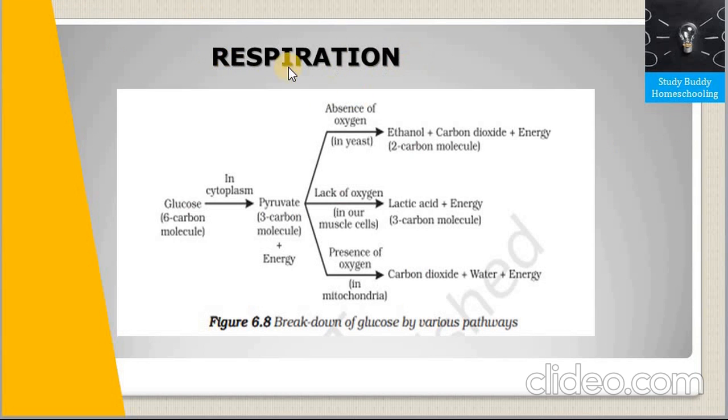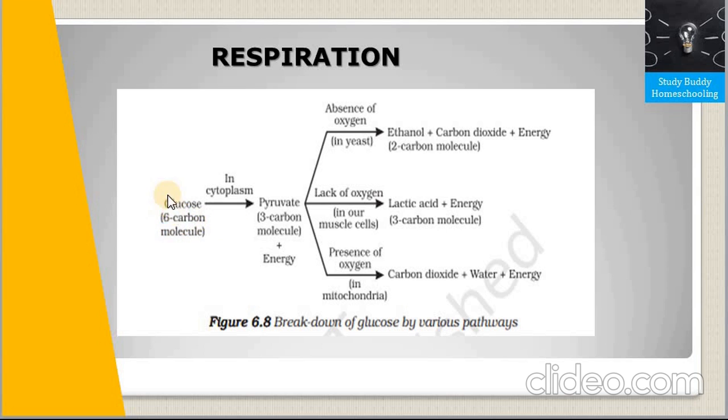Let's see how respiration happens in cells. We all know that the base material for respiration is glucose. It is this glucose which is broken down to release energy. So, the first step begins in the cytoplasm of the cells. In the cytoplasm, there are few enzymes present which convert this glucose, which is a 6-carbon molecule.